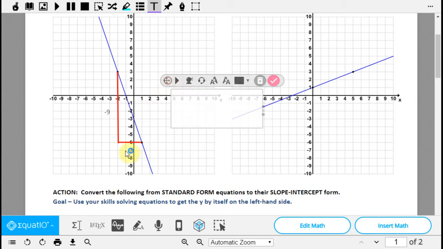My run is going from -2 to 1. So that's 2 and 1, that is +3.